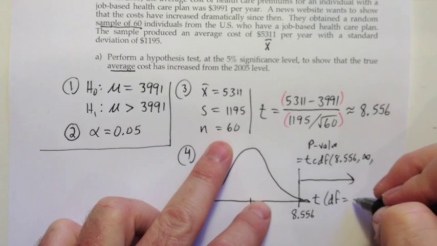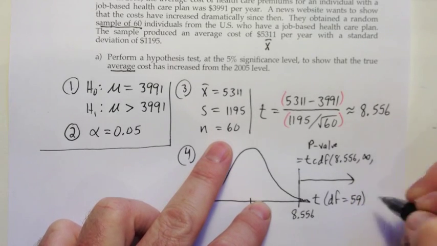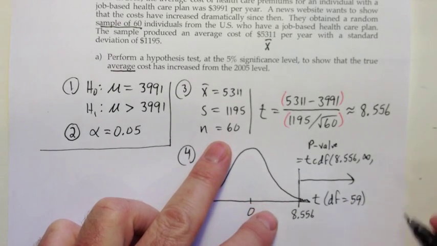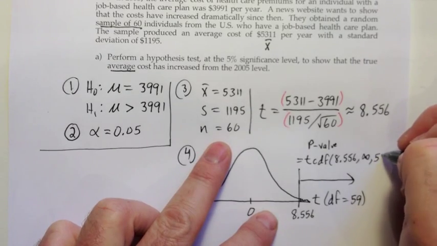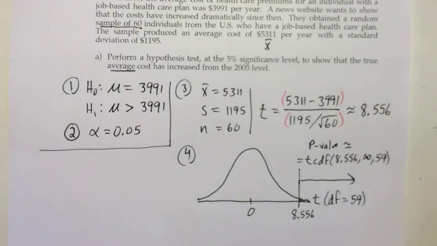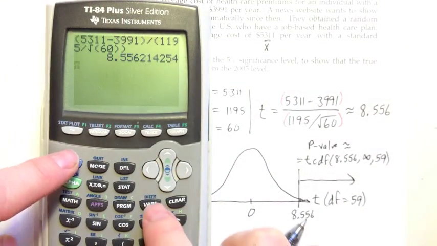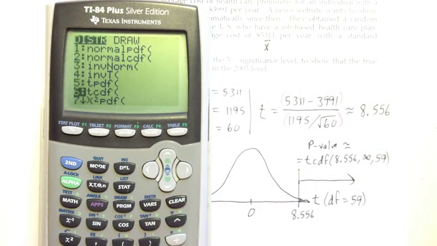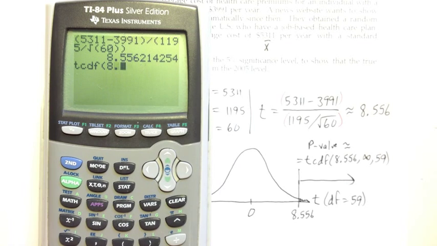And the DF is one less than the sample size. So the sample size is 60, the DF is 59. So that'll be our DF there, and so let's plug that in and see what the p-value is. So go to the distribution menu, TCDF, from 8.556 to infinity with 59 degrees of freedom.